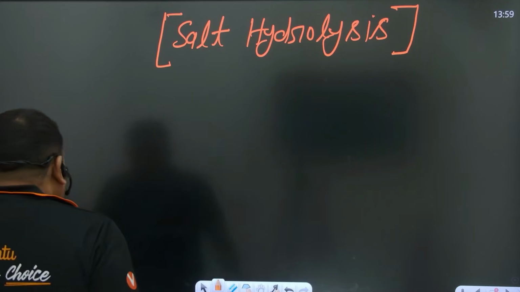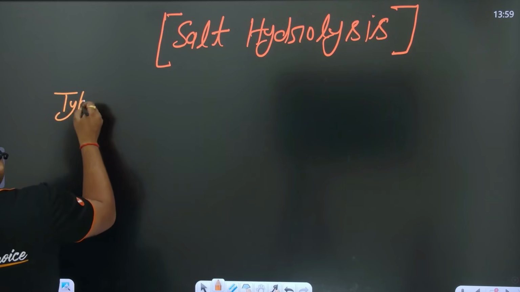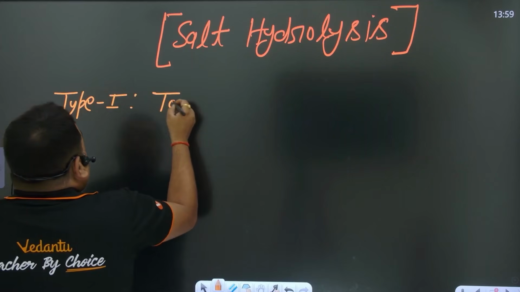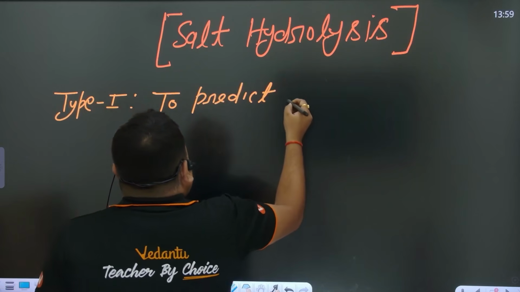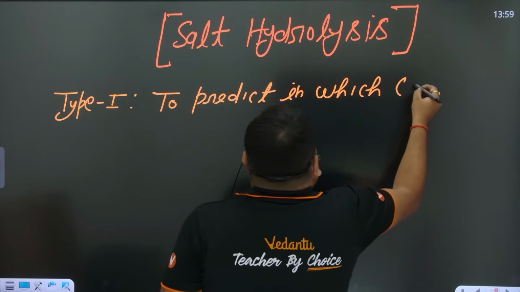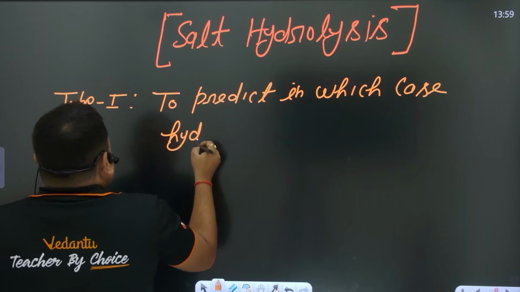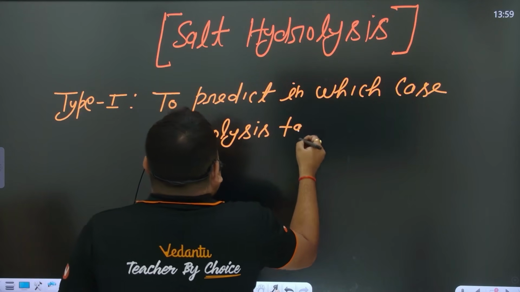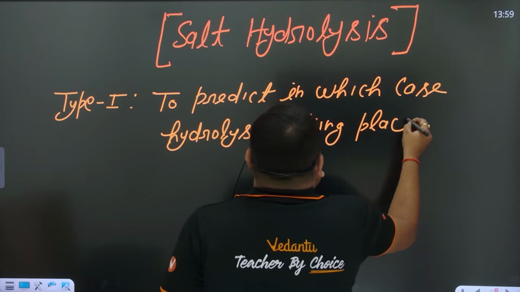So in salt hydrolysis, beta, the first type of question is to predict in which case hydrolysis is taking place, right beta?